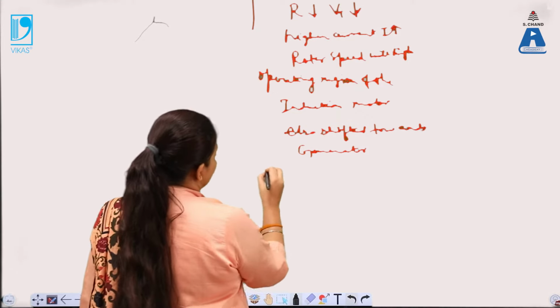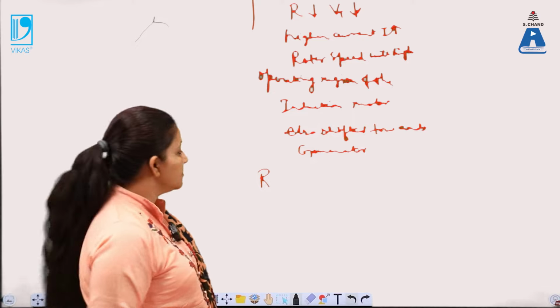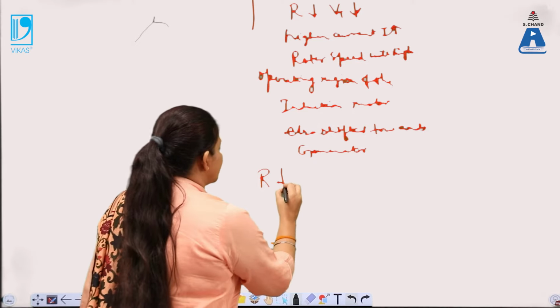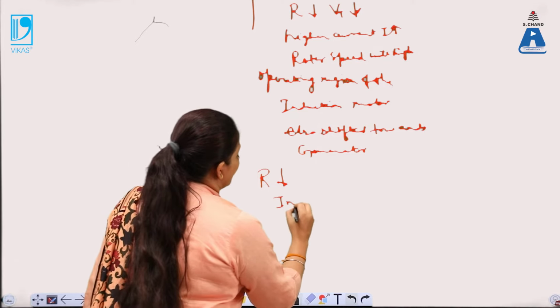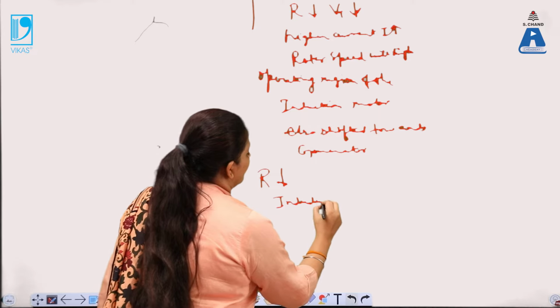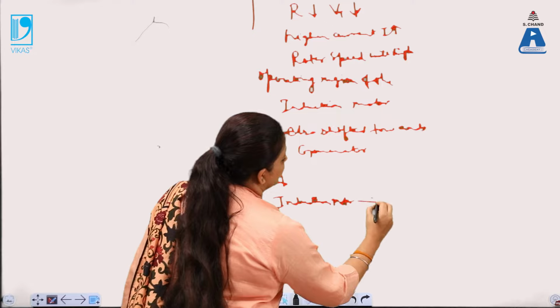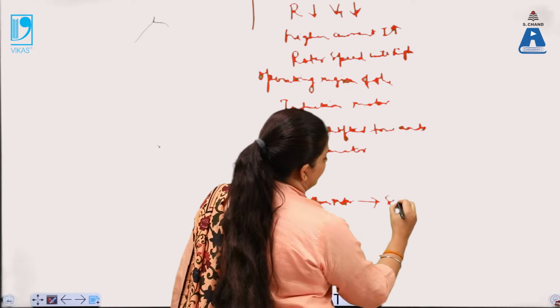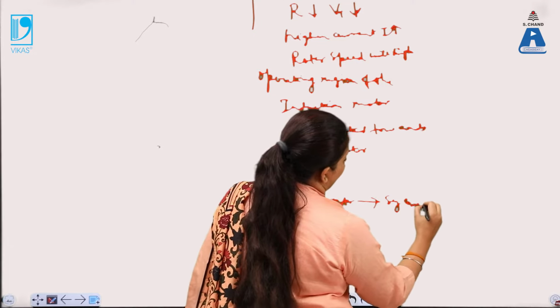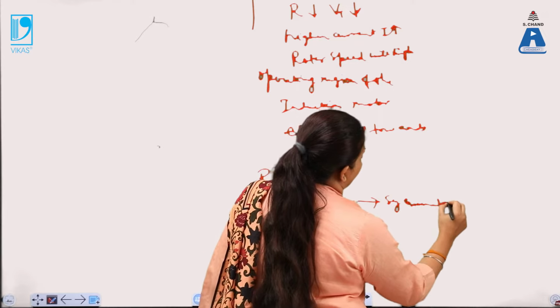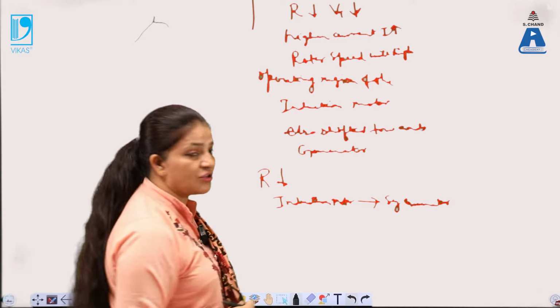That means as the variable resistance is decreased, the operation of the induction motor will change to a synchronous generator.